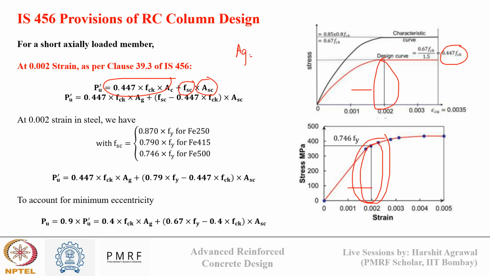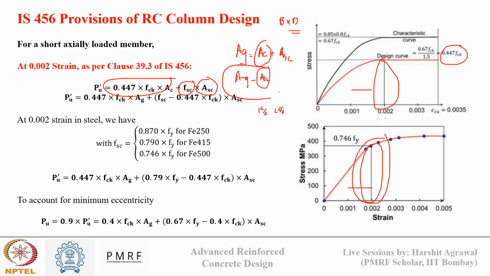Now generally we know the gross area of concrete. Okay, so gross area of reinforced concrete is nothing but area of concrete plus area of steel. So if we don't know the area of concrete, we can write it in terms of gross area minus area of steel. So generally when we do design, we don't know the dimension of column. Suppose we don't know the dimension of column, so we assume some area of steel as 1% of gross area, 2% of gross area, whatever we want to assume.